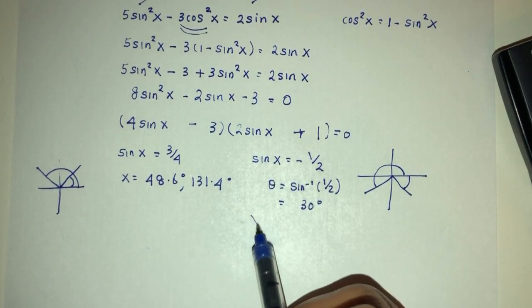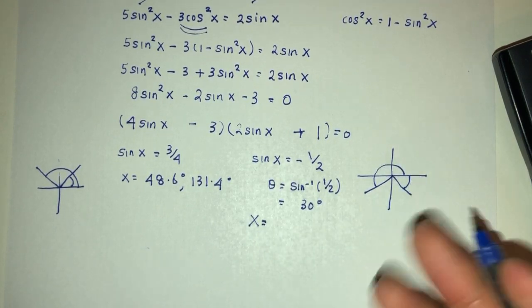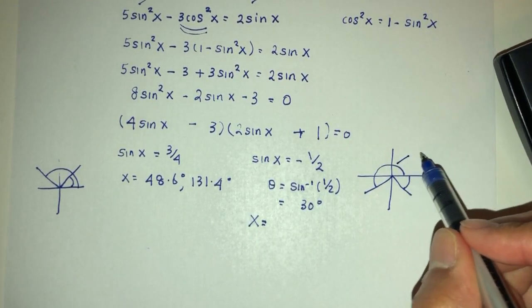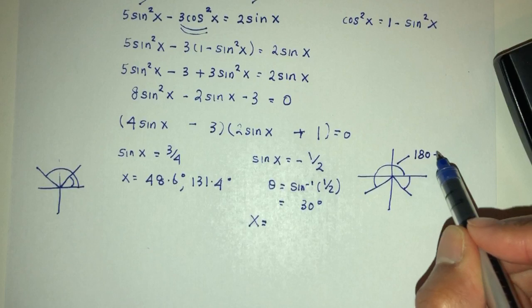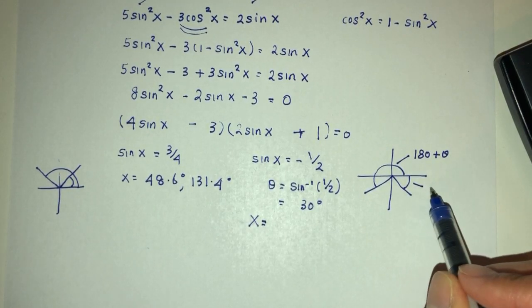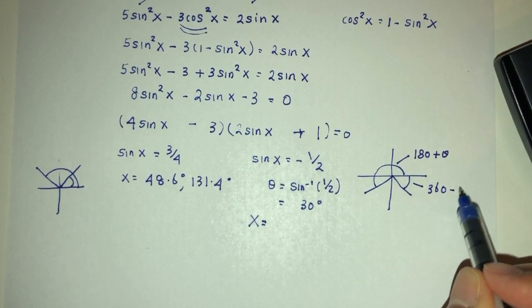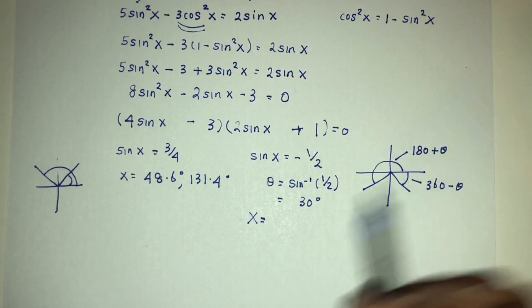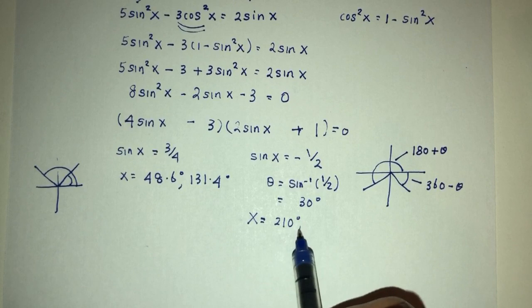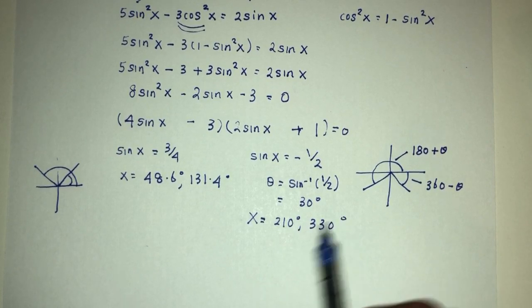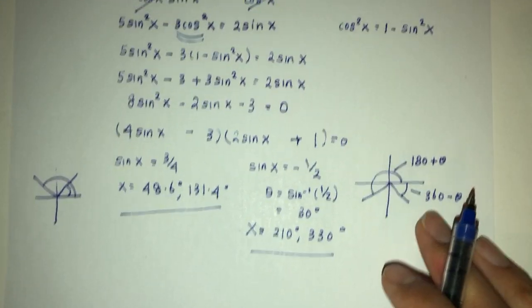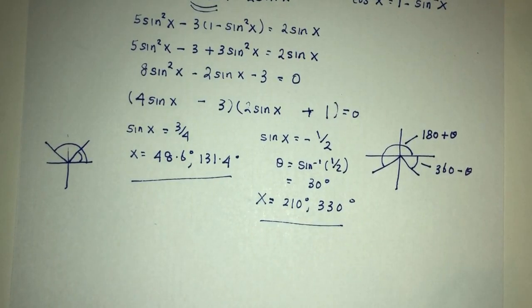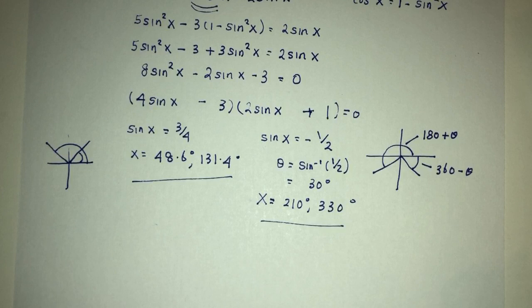But now I have to find the value of x. X will be according to my quadrants. As you can see here, this one will be 180 plus theta, and this will be 360 minus theta. Okay, so one by one, 180 plus theta will be 210, and this will be 330. So this is my answer for x. As you can see, x has to be between 0 and 360, and those values are indeed between 0 and 360. So that will be the last question of this paper.